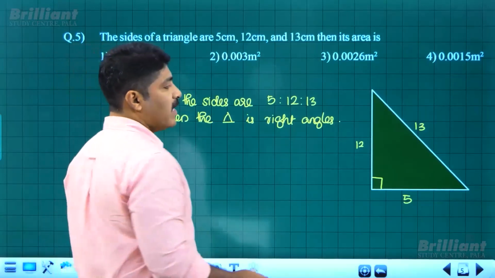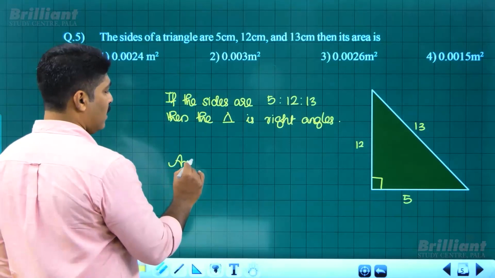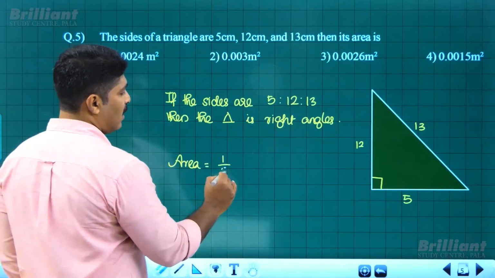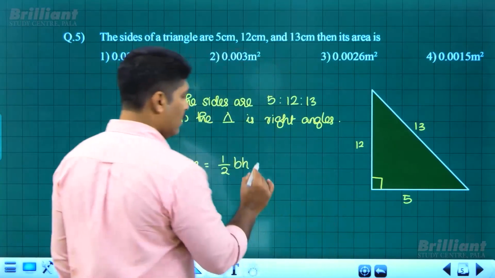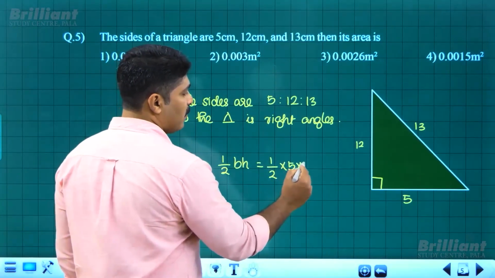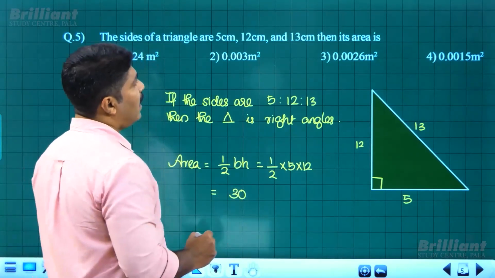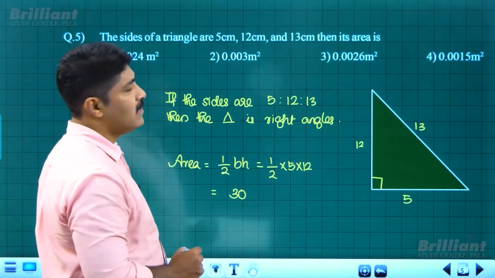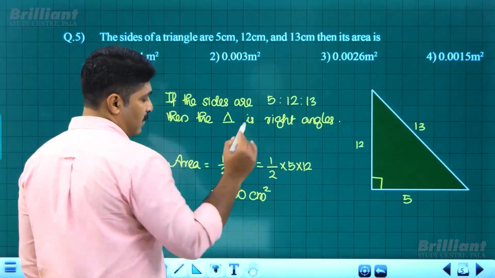The area is half BH. So this is base, this is height. Therefore, this is half of 5 into 12. So here this is 30. And what is the unit here? That's in centimeter. Therefore, this is centimeter square.